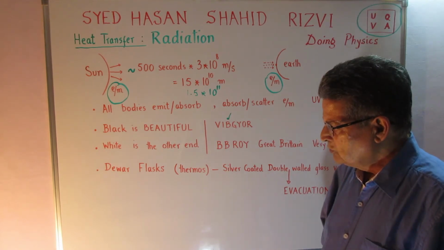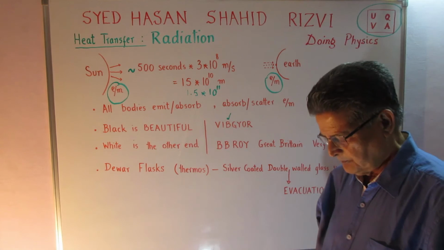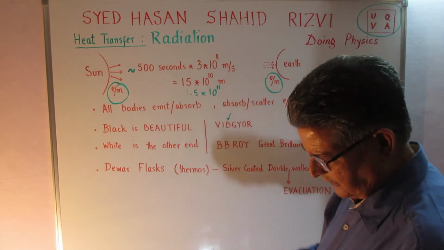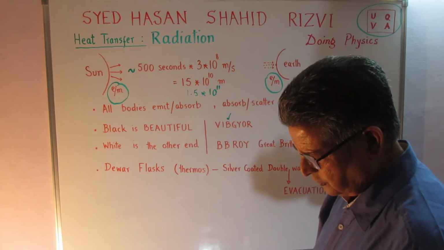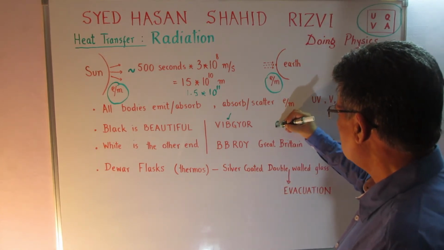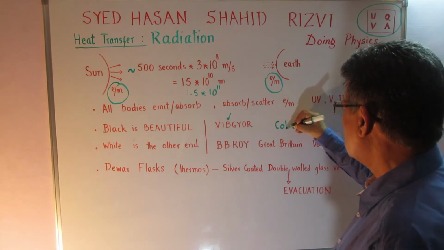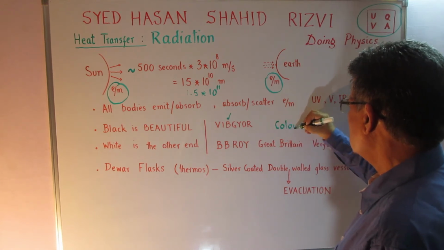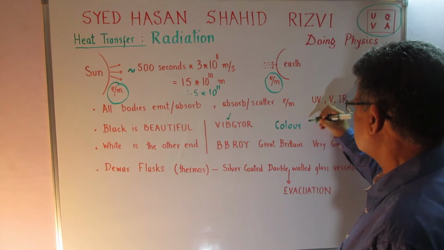Now, to those students, because this is already told to you in your high school classes, there is something called color code. Color code of resistors.